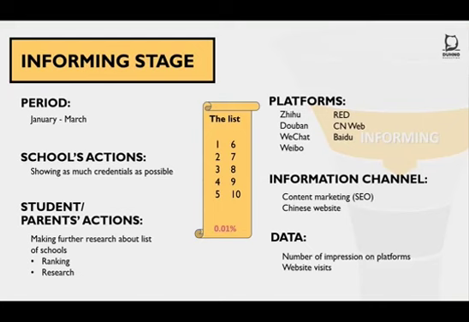So here, in terms of information channels, it's really important to have done a really good job in content marketing. So really having a lot of content for SEO, because at this moment, people will be searching. And the two personas, either the parents or the students, will be searching on different platforms.